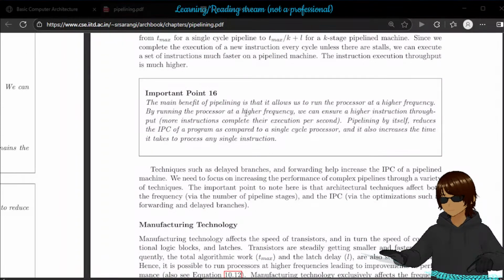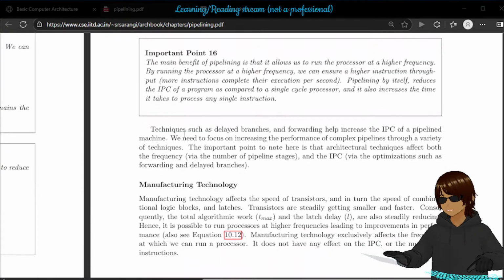The main benefit of pipelining is that it allows us to run the processor at a higher frequency. By running the processor at a higher frequency, we can ensure a higher instruction throughput. Pipelining by itself reduces the IPC for a program as compared to a single cycle processor, and also increases the time it takes to process any single instruction. Techniques such as delayed branches and forwarding help increase the IPC of a pipeline machine.